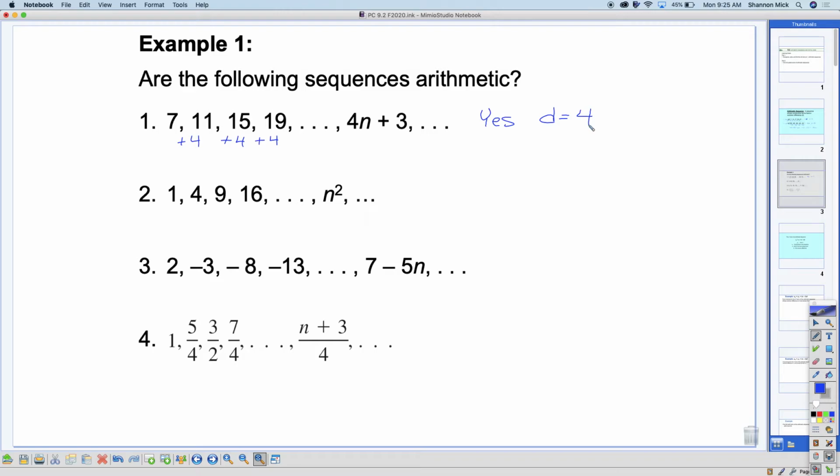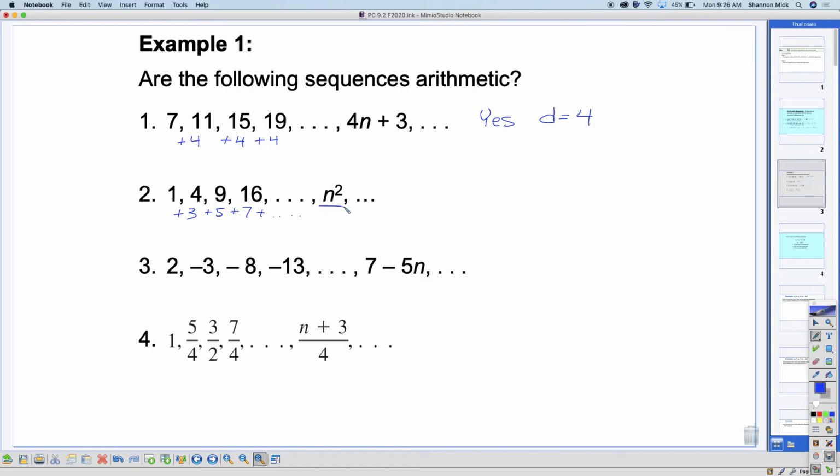Okay, what's happening on number 2? 1, 4, 9, 16. Is it arithmetic? I'm looking for addition, subtraction. No. The first to the second would be plus 3, and then plus 5, and then plus 7. It actually is n squared.